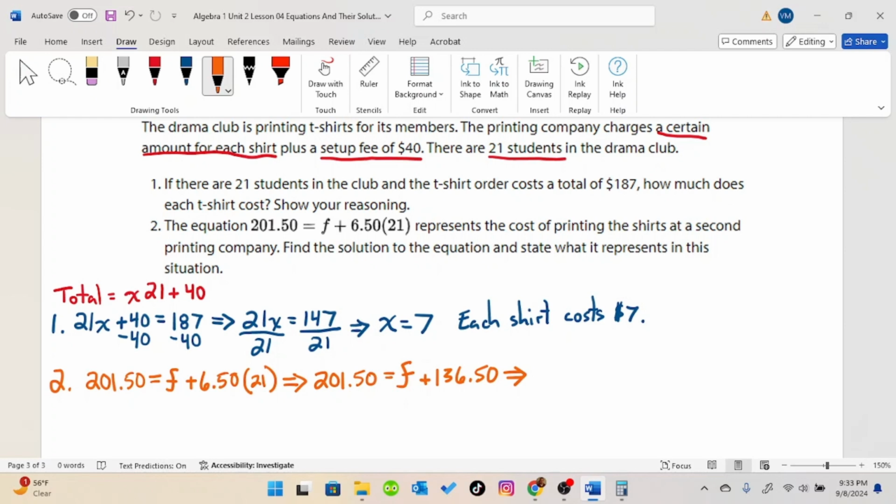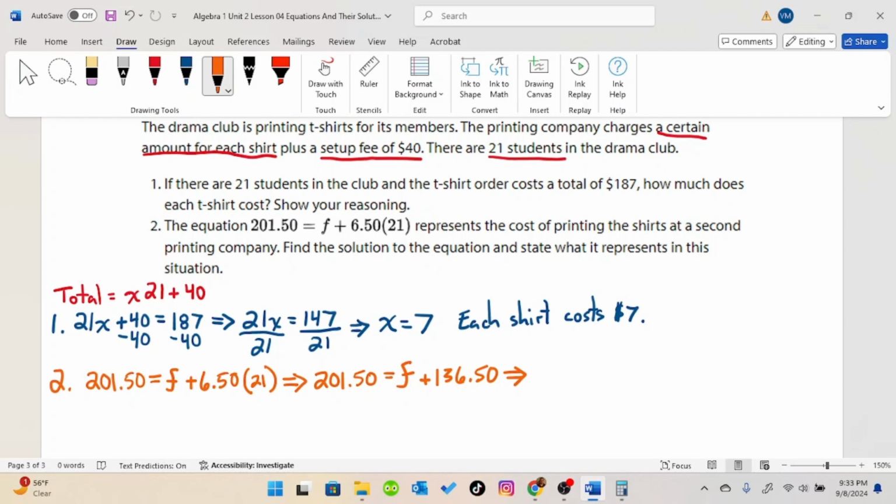Again, we want to end up with our variable F on one side and a number on the other side. We can move this $136.50 from the right side to the left side by doing the opposite and doing it to both sides.